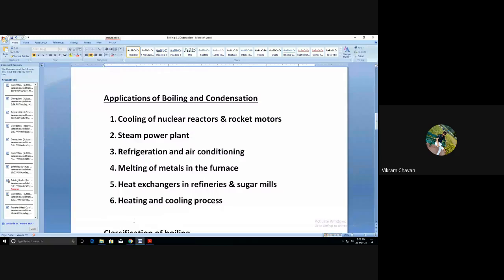Then heat exchangers in refineries and sugar mills.